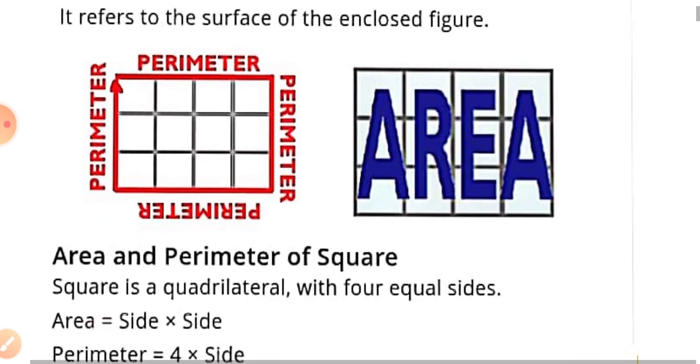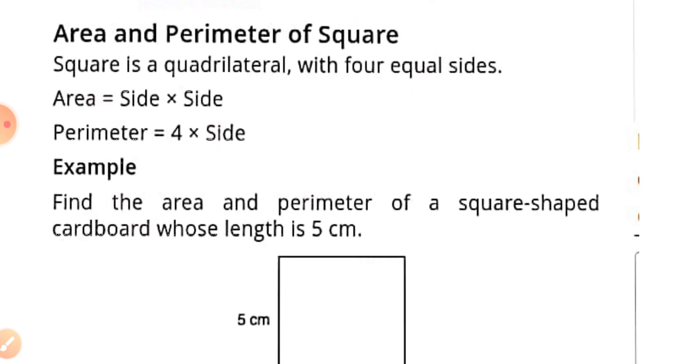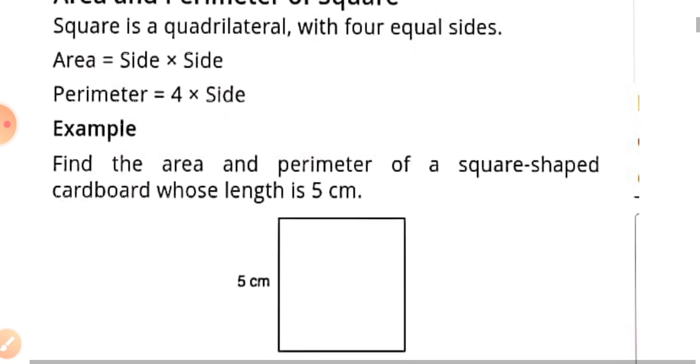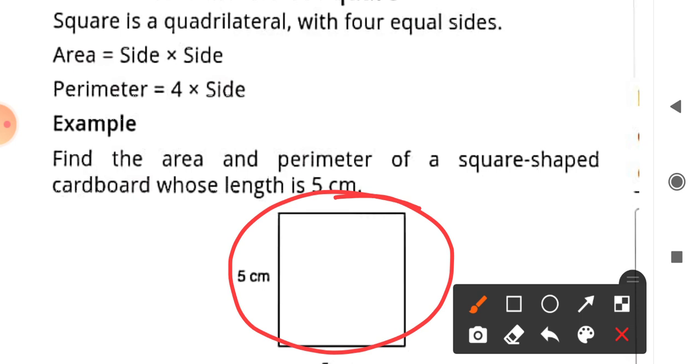First, discuss the area and perimeter of a square. In the given question, this is a square with sides 5, 5, 5. Perimeter means the sum of all sides.